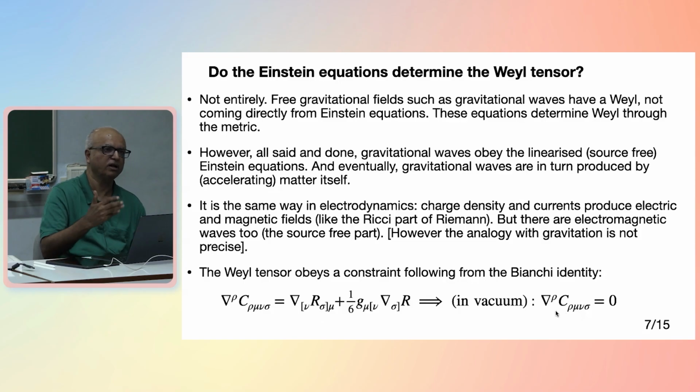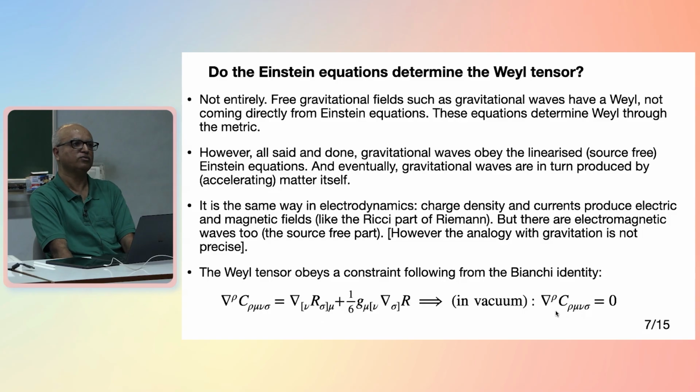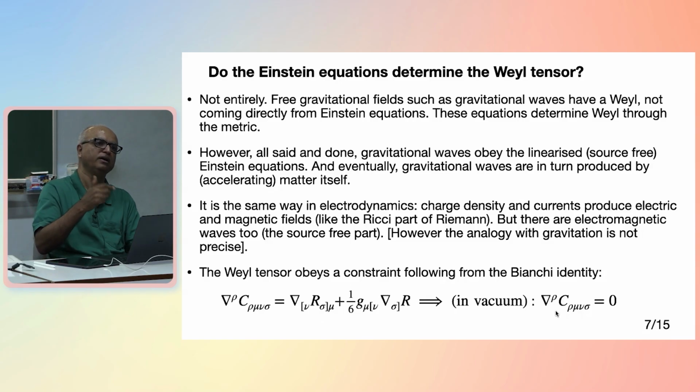This is essentially a statement about the tidal forces, a constraint on the tidal force. The Riemann is a tidal tensor. Why? It's the second derivative of the metric. Like Laplacian phi in the Poisson equation, phi is the potential, grad phi is the force. So one more derivative, Laplacian phi is the gradient of the force, which is tides, right?